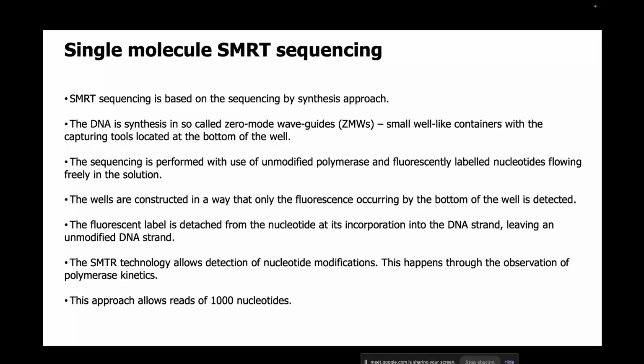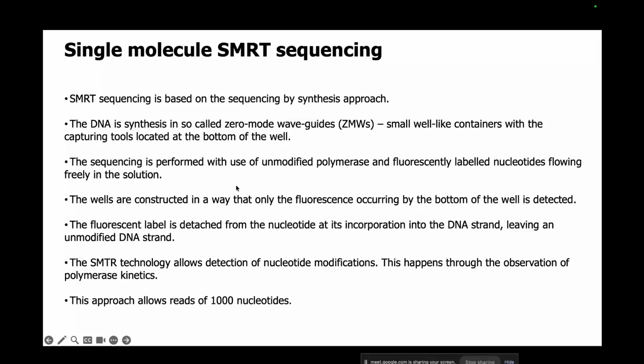These wells are known as zero mode waveguides. We'll come to that later. At the bottom of the wells, not at the top, the capturing or imaging machine is kept. So the image or the signal is gotten from below, not from the top, right?